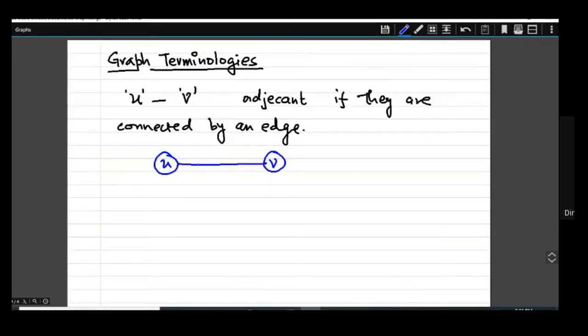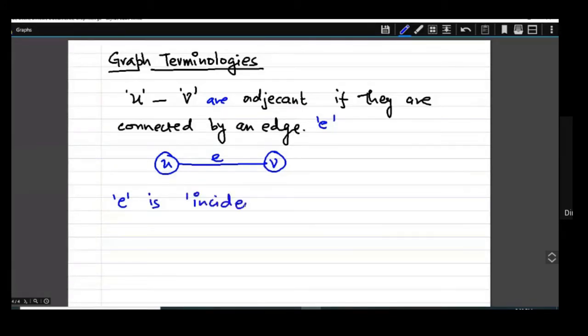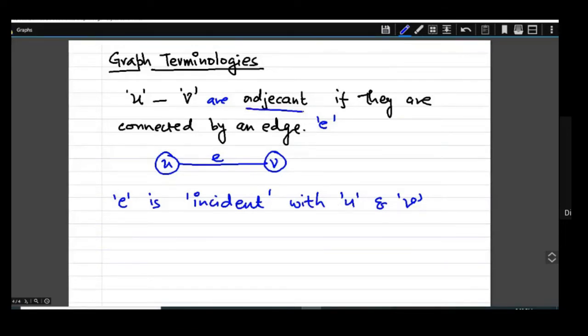Or if an edge E is associated with U and V, then U and V are said to be adjacent, connected by an edge, let's say E. And E is said to be incident with nodes U and V. So if E is connecting U and V, then E is said to be incident to U and V.